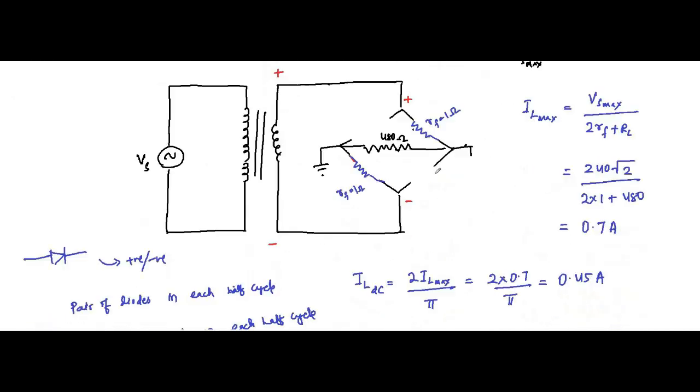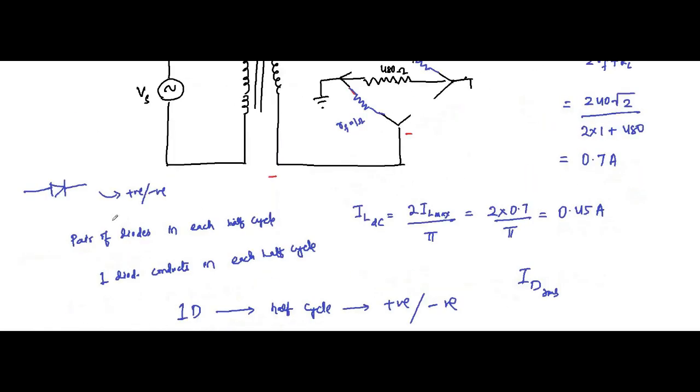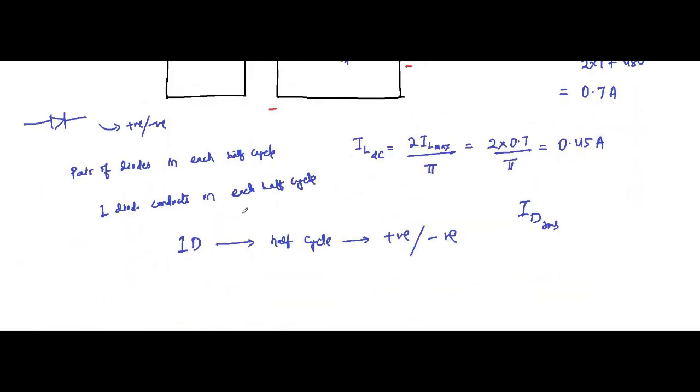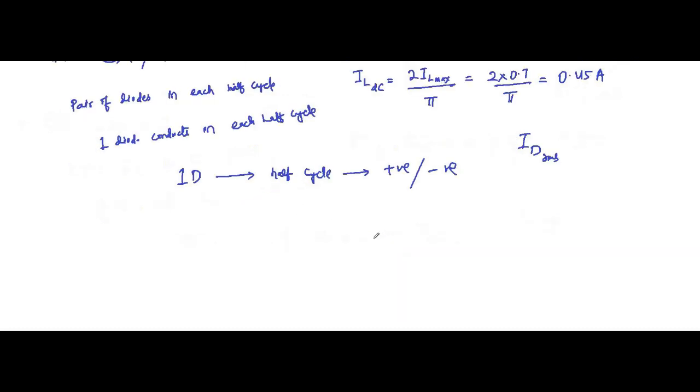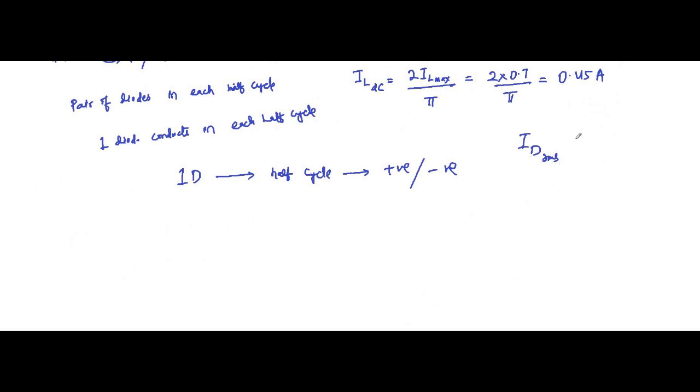Now here, as I said, only a pair of diodes conduct during one half cycle. So one diode out of the four diodes conducts only during one half cycle. In order to determine the power dissipated, we have to determine the diode RMS current, which is similar to the half wave rectifier, the maximum current divided by 2.